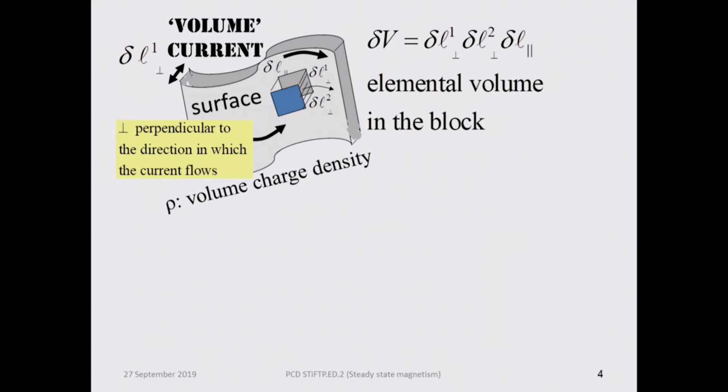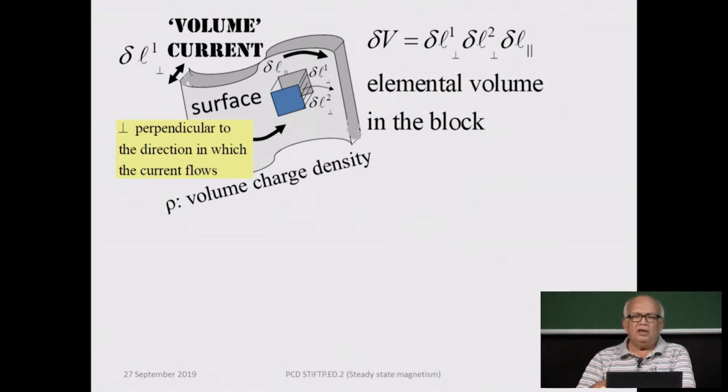So, you have charges moving in a body, okay, and this will give you the volume element as a product of 3 infinitesimal lengths which are orthogonal to each other, one of which is in the direction of the current. That is the delta L parallel, and the other two are orthogonal to it.